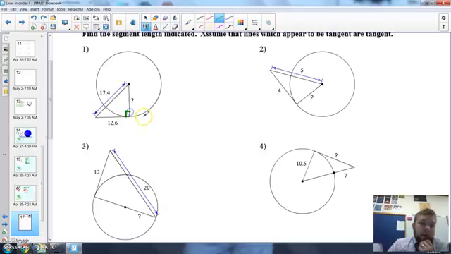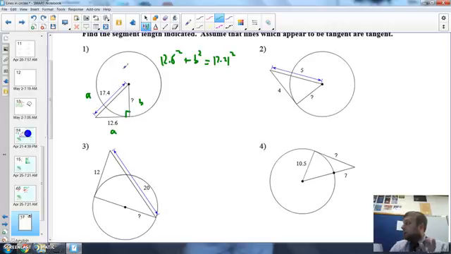Well, I know this is my right angle, so I know C. Let's say I know my A and I know my C. Let's say I don't know my B. So now this one I would go 12.6 squared plus B squared equals 17.4 squared. Right? Because C is always my hypotenuse. That's the only thing you got to remember. Okay. So you can set that up.